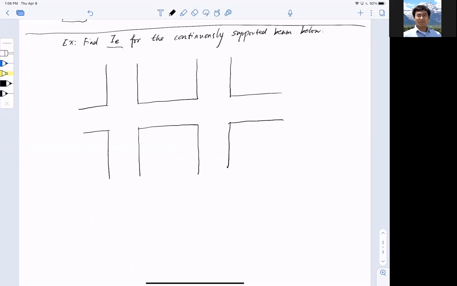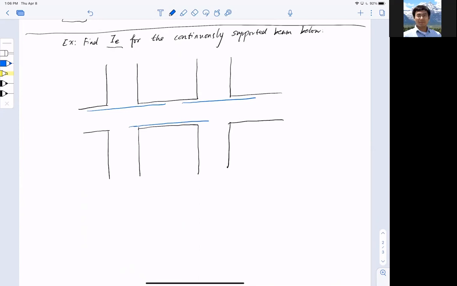And not only that, but I also tell you the reinforcement. I will have reinforcement here at the top, and reinforcement here at the top as well, and reinforcement at the bottom in the middle span.